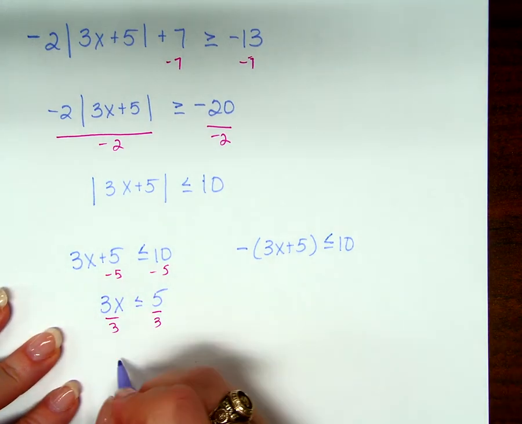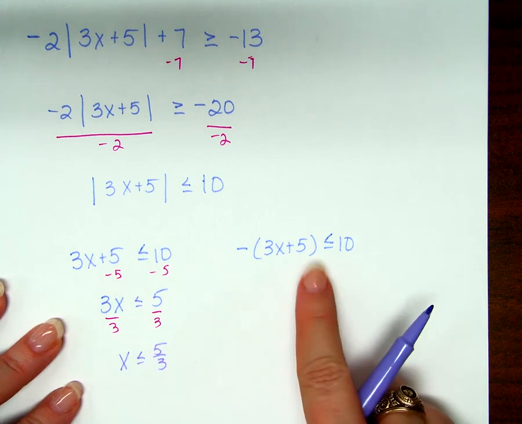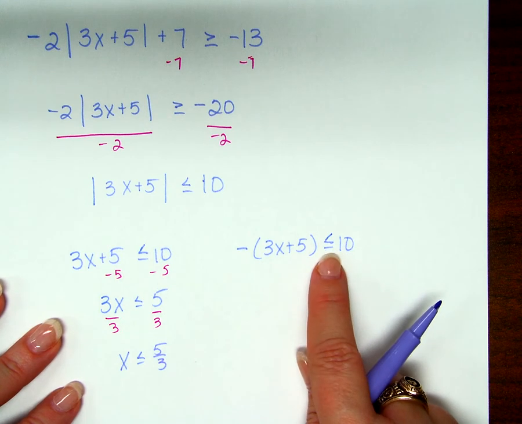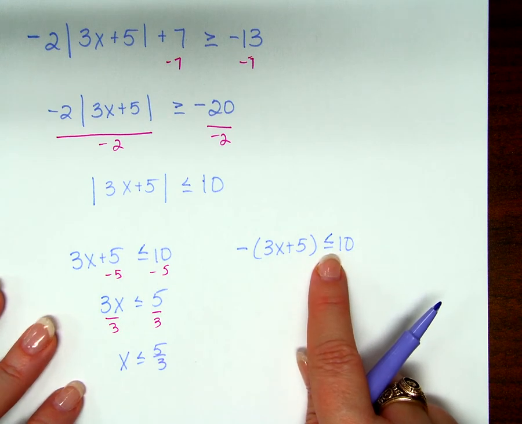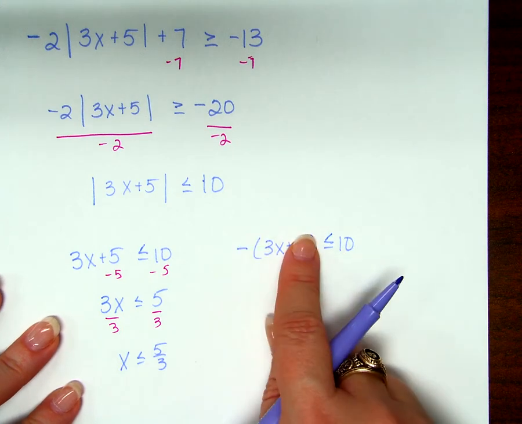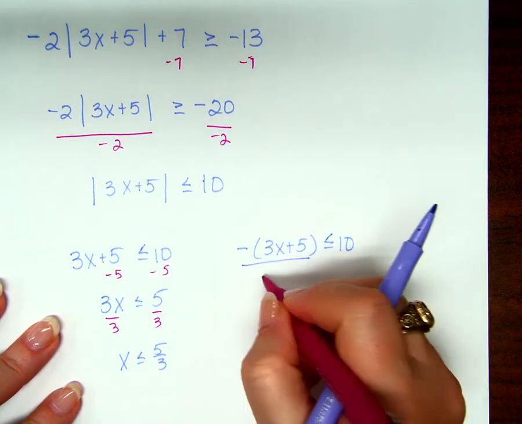You guys are all in agreement with me on that, right? It's this side that makes a huge difference, okay? Because if I made that side negative, I would have already had to flip that sign, and that's if I remembered, okay? Here, I can either distribute the negative through, or right from the beginning, I can divide by negative 1.